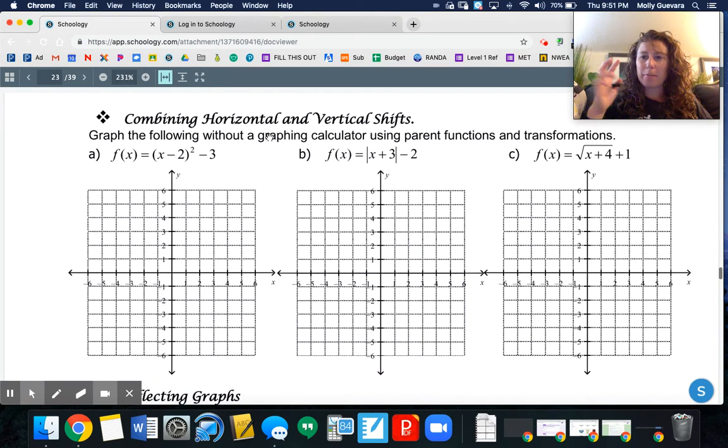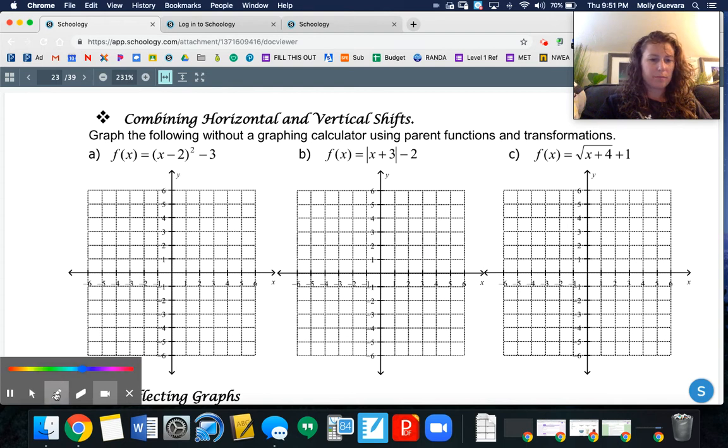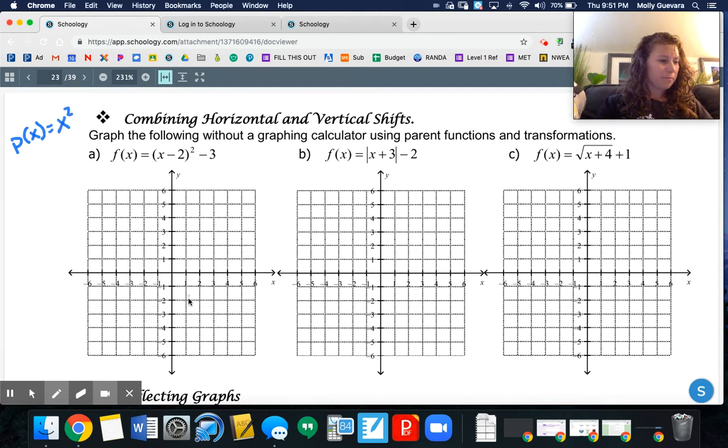So now we're going to kind of practice going the other way. First thing to notice, at least for part A, is that the parent graph is x squared.